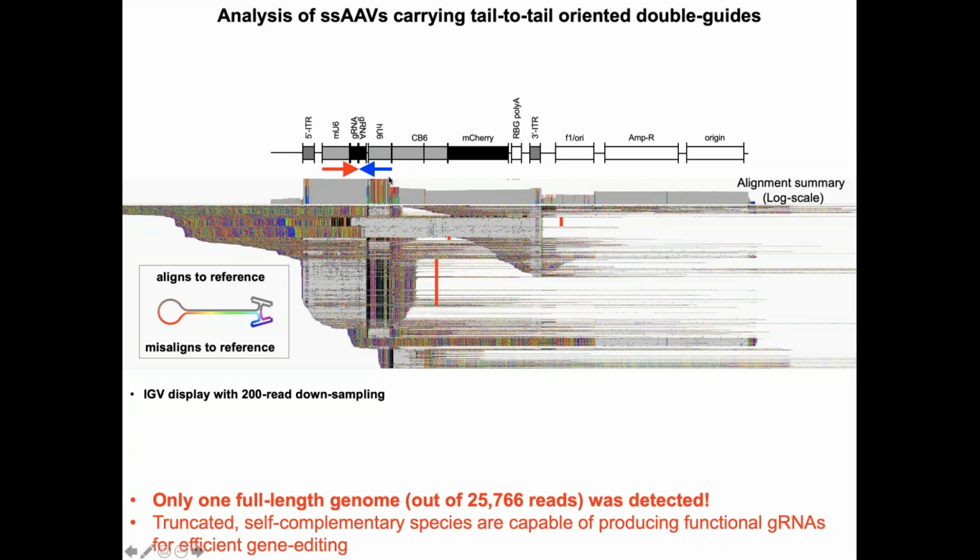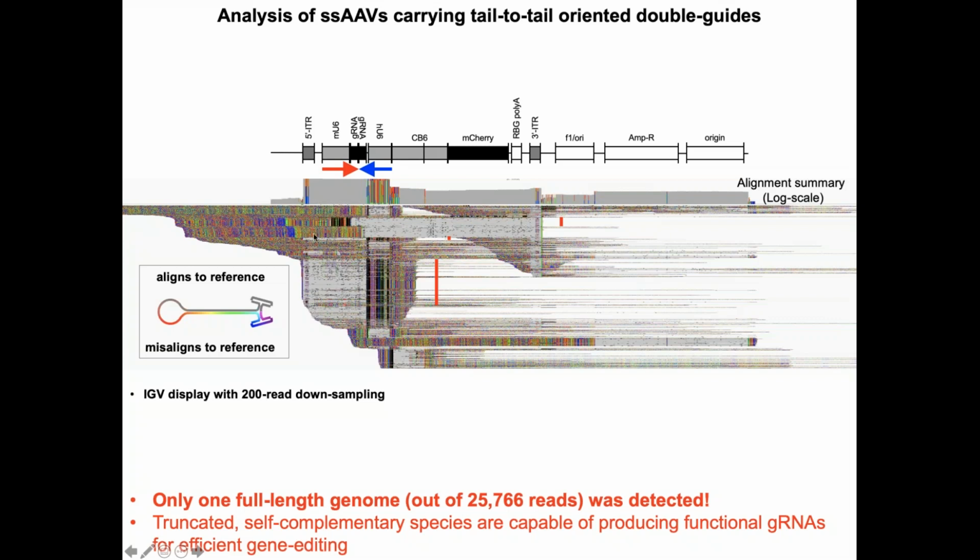He had taken this tail-to-tail oriented construct and realized that they actually still undergo genome editing events to create these large deletions. And the reason is that, based on our AAV-GP-seq analysis, we revealed that particles were actually packaging fragments of the vector genome that were functional.